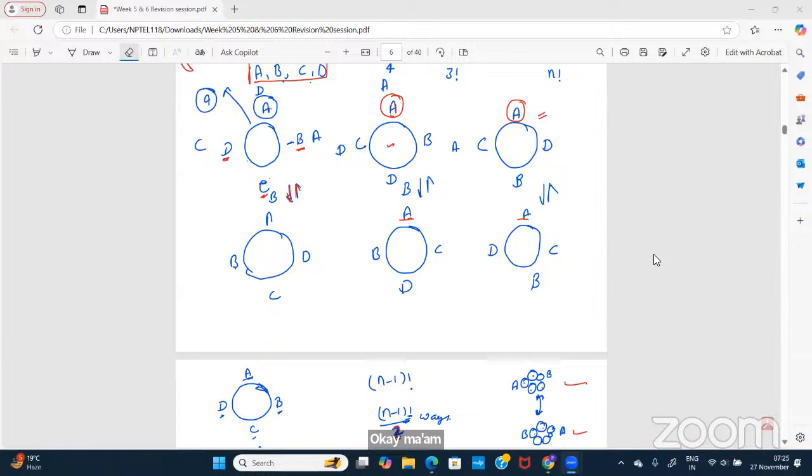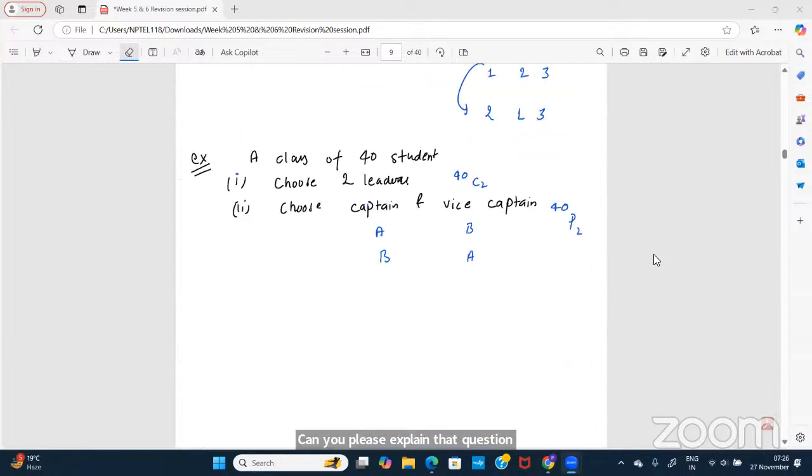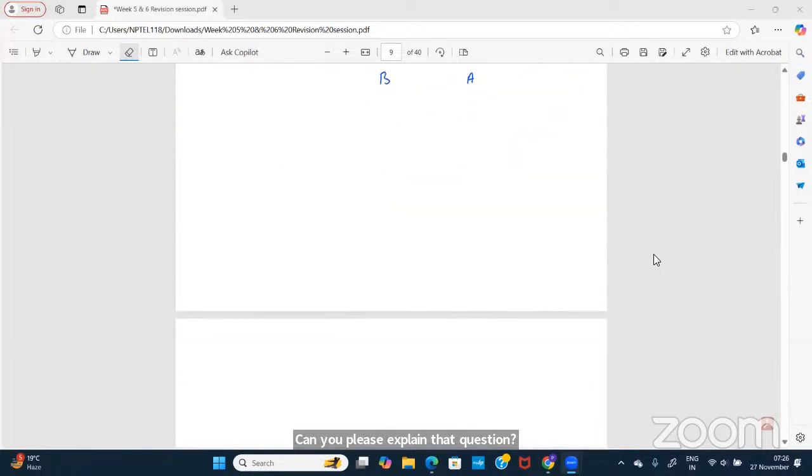Any other doubts? Ma'am, there is a question where we have to find the word in the dictionary and return the number at which that word comes in the dictionary. Can you please explain that question? If all the permutations of the word graph are arranged in dictionary order, then what will be the 73rd word?